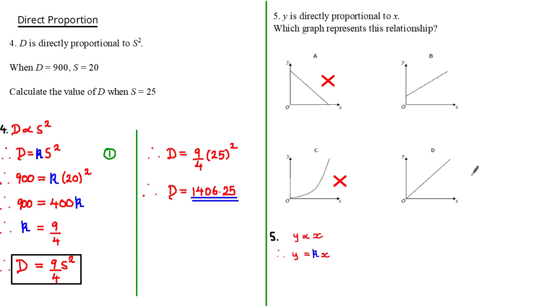Now, since we said that both graphs are linear, it means that both graphs have an equation that takes the form y is equal to mx plus c, as you should be well aware of the general equation for a straight line. Now let's compare this equation with the general equation for linear variables that are directly proportional.